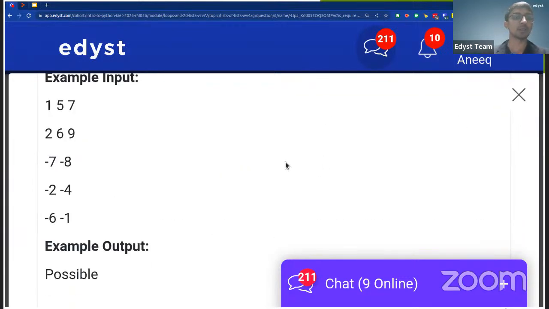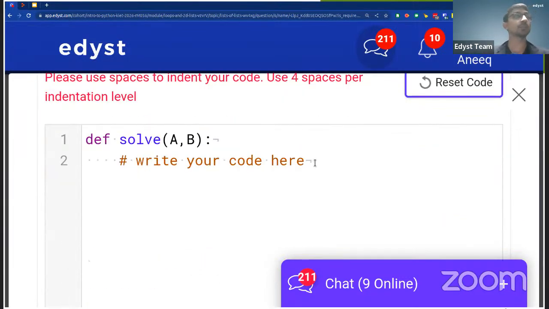Okay, let's see. What did we say? When is it possible? What is the condition? Number of columns of first one should be equal to number of rows of second. Okay. Given a 2D list, how do we find number of rows?